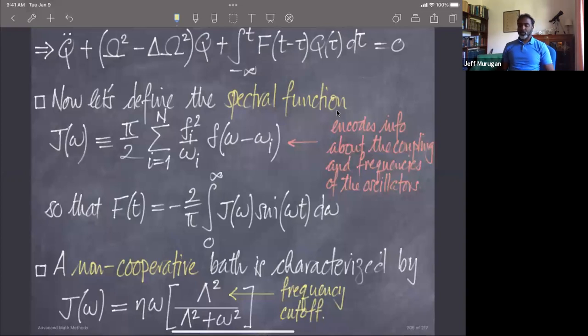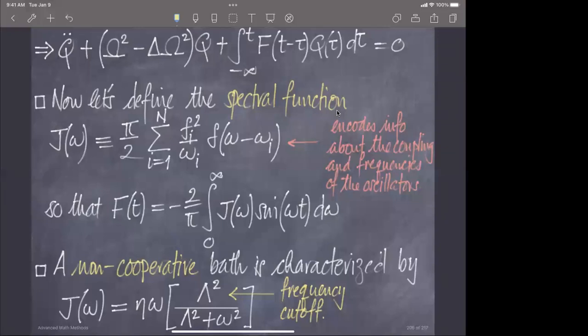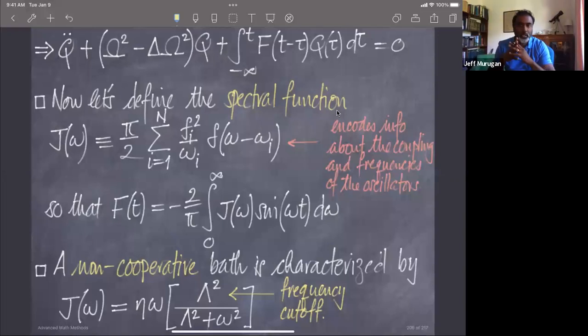Essentially what we want to do is the following. Remember, we're doing an integral for f of t in frequency space. If we integrate out to infinite frequencies, we'll find that the integral diverges. So to prevent this divergent integral, we regulate it by adding some frequency cutoff.